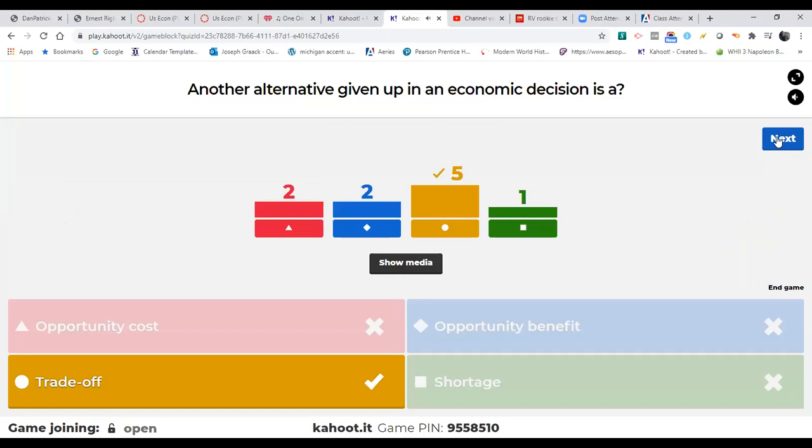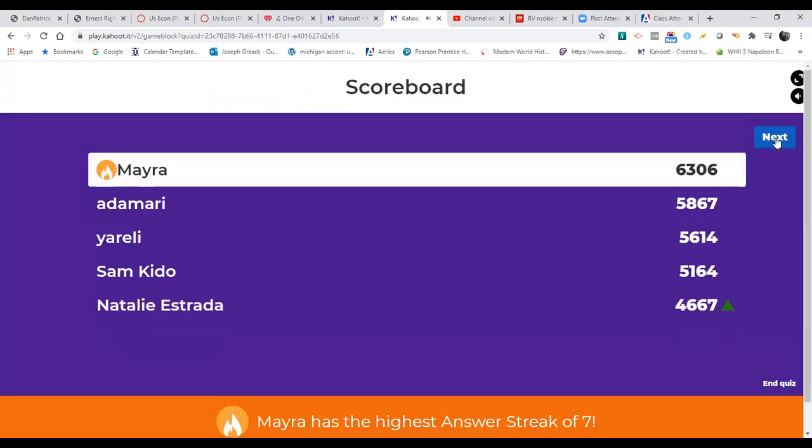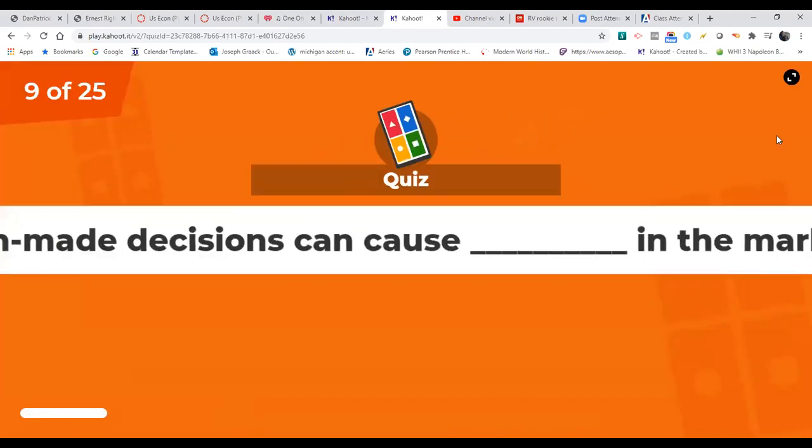So if you spent your $5 at Subway, your second choice was McDonald's. If your third choice would have been Chick-fil-A, Little Caesars, those would be the trade-offs. With that, Natalie moving up. Sam up to fourth.